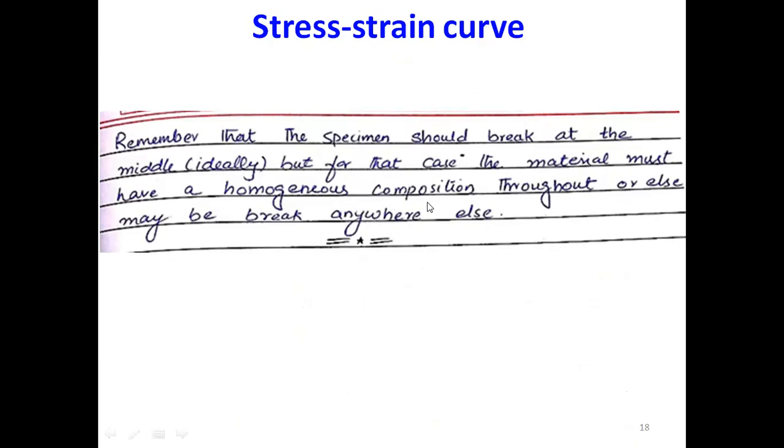A homogeneous material is one where the material is the same throughout. But in reality, there would normally be blowholes and cracks within the material. If that is the case, it is not possible that the material will break just in the middle of the specimen, etc.